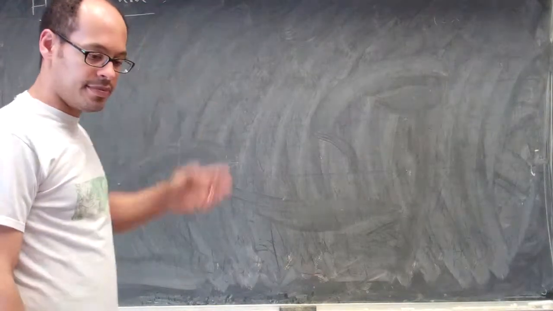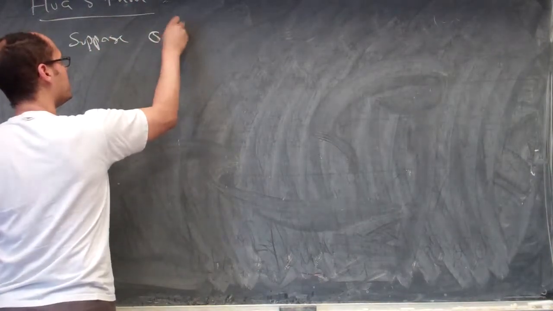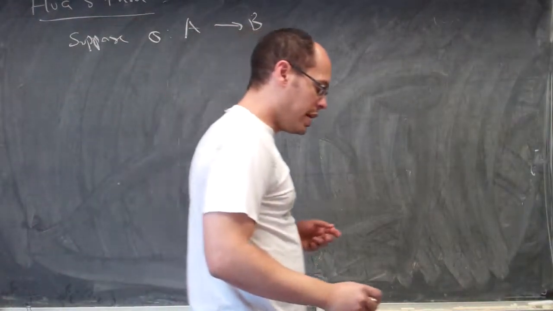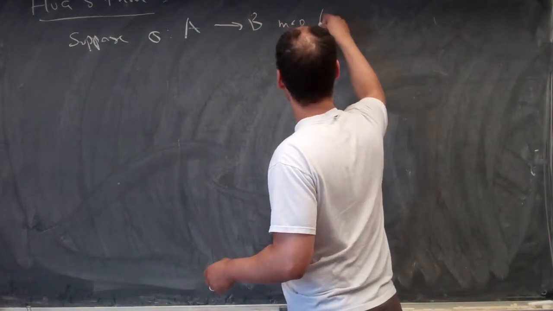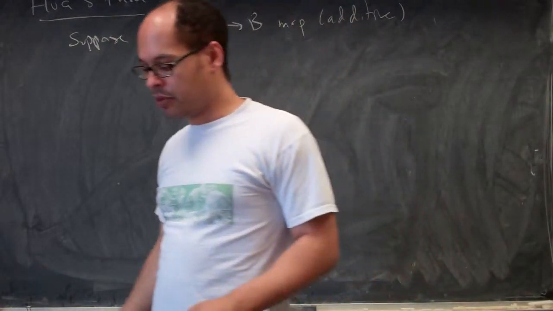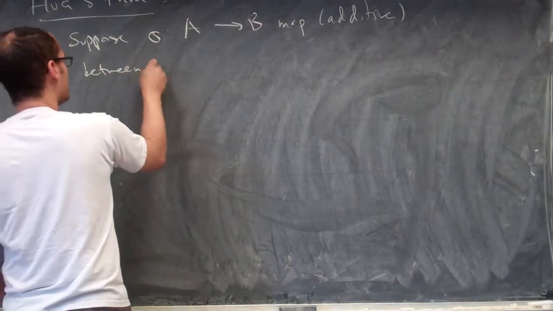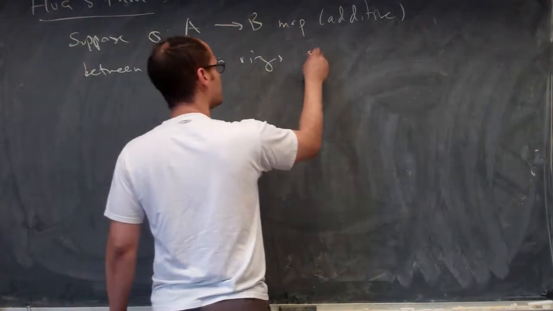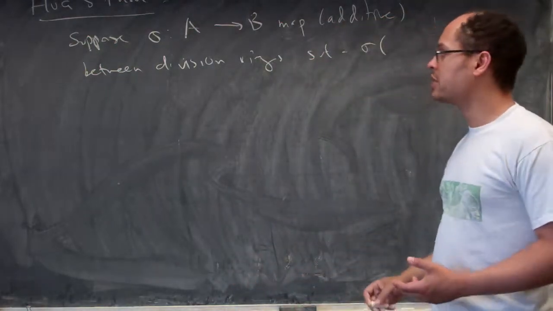And what this says is, suppose sigma from A to B is a map, let's say an additive map. So that means that it is an additive homomorphism between division rings such that it preserves the identity element and inverses.